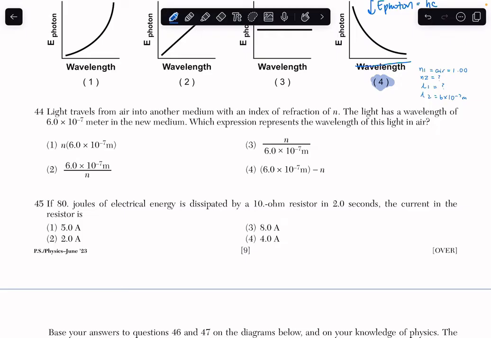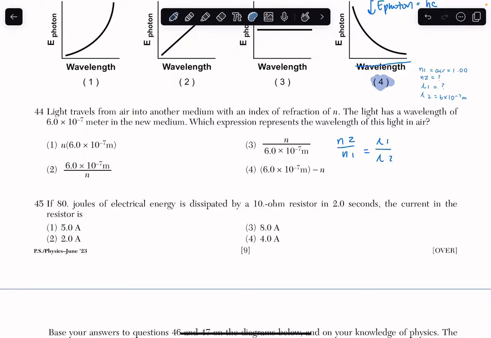So if you look in the wave section of your reference table, you could see n2 over n1 equals v1 over v2 equals lambda 1 over lambda 2. So that's what we're going to use. n2 over n1 equals lambda 1 over lambda 2, or wavelength 1 over wavelength 2. And we just plug it in.